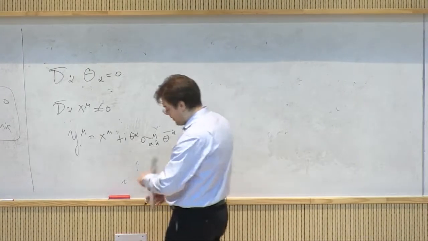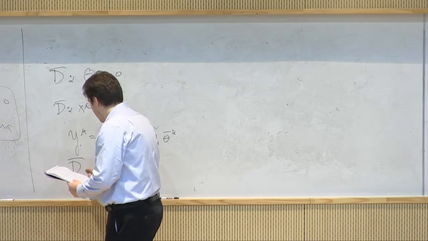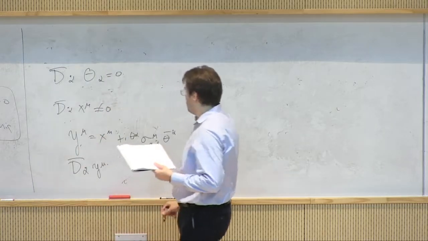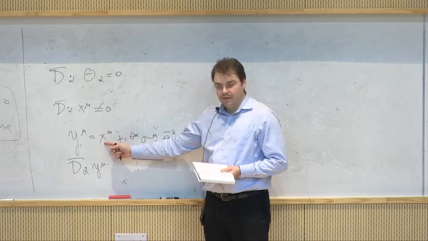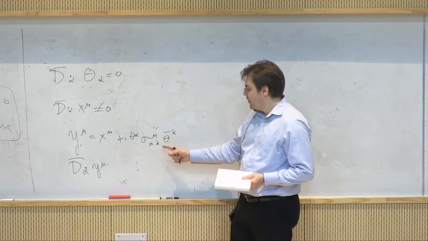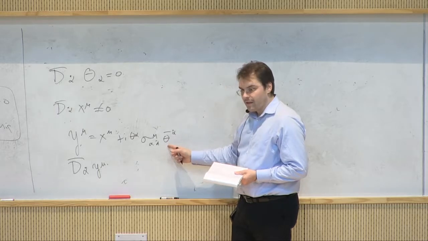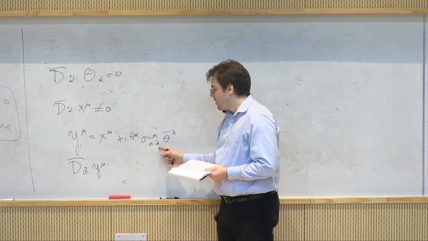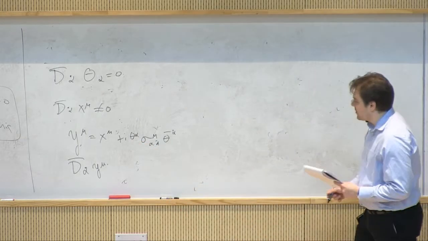And then it's easy to check that D bar annihilates y, because the piece where the spacetime derivative in D bar hits x exactly cancels the piece where the derivative with respect to theta bar hits the theta bar over here. The only thing you have to be careful about is some minus sign as you bring the D bar through the theta. And then you'll get this vanishing condition.